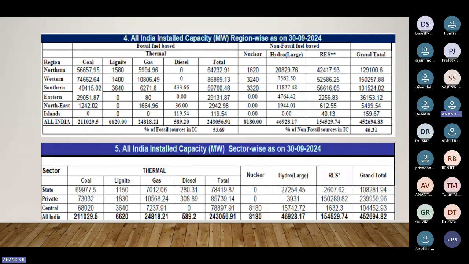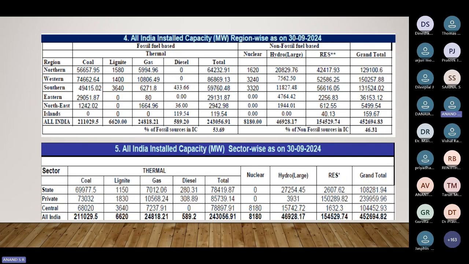The percentage of fossil fuels in the installed capacity is 53.69%, and non-fossil fuels is 46.31%. And non-fossil fuels again include RES, renewable energy sources. That is a major component with about 154 gigawatts. And nuclear is only 8,180 megawatt.